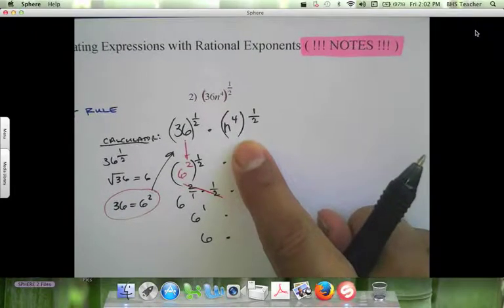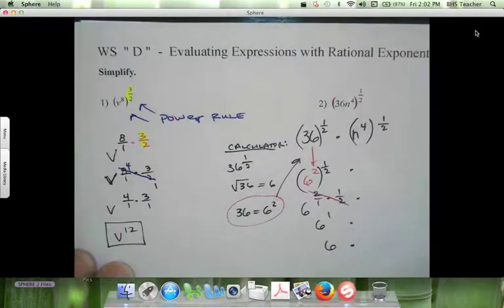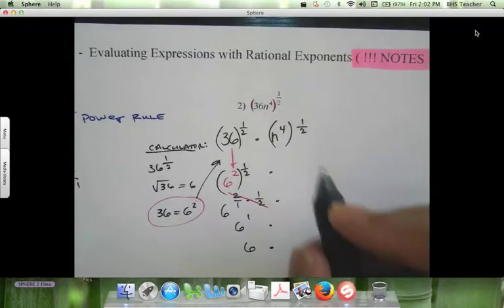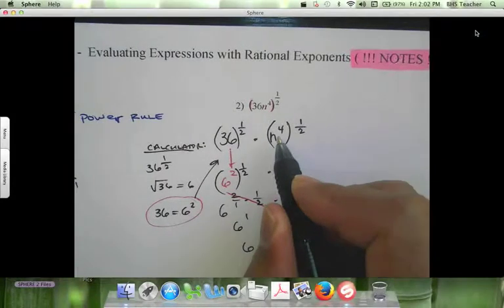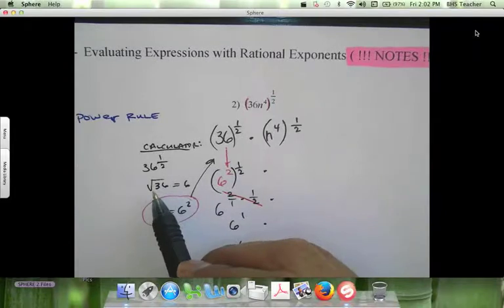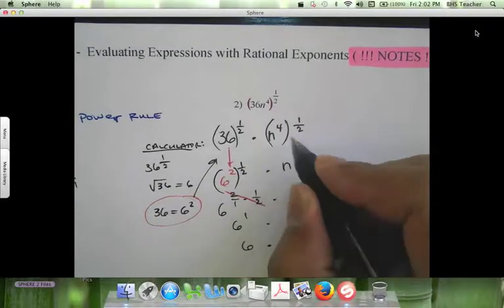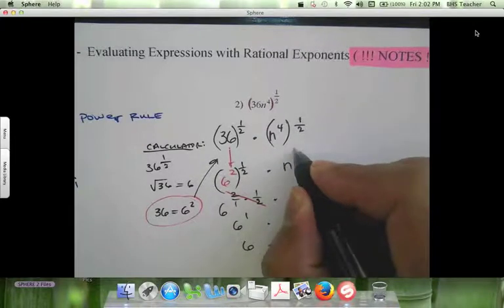Okay, the variable part I reviewed over here, right back in number 1. The variable, you just deal with the exponents. You don't have to worry about the number or squaring it or finding any nth root. So that'll be n to the power of 4. Well, a power times a power, that's 4 over 1 times 1 over 2.